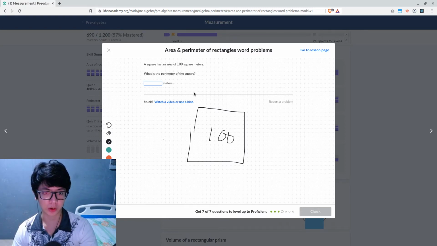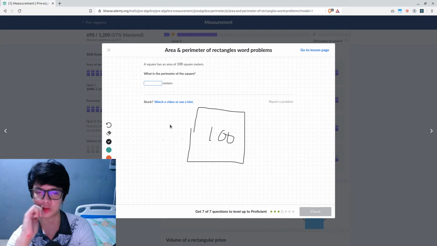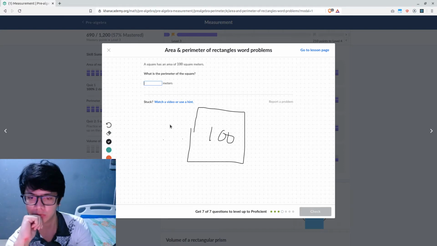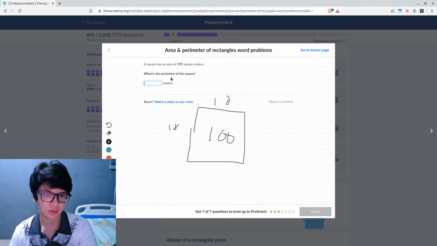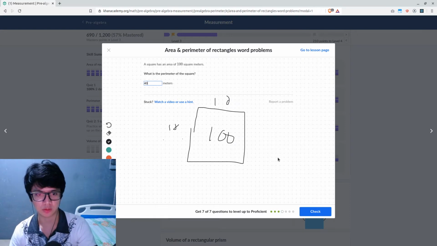And if it's a square, then all sides are equal, right? Wow, this is insane. Oh, actually it should be just 10. So we have like 40. Right? Oh my god, I don't want to be wrong, but it should be 40.